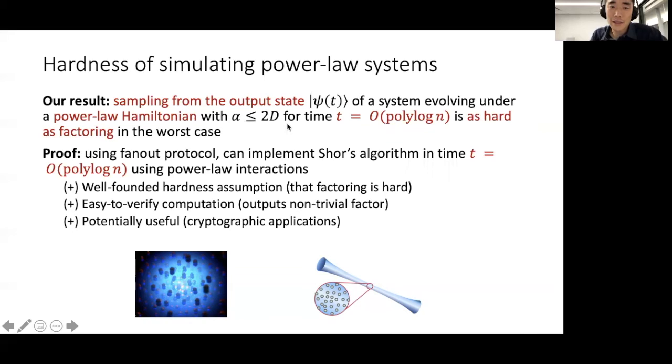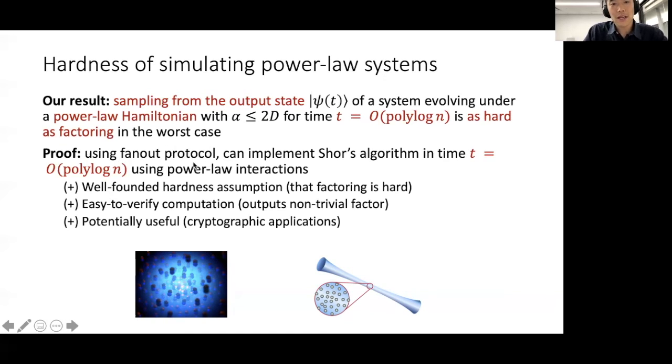And if the system evolves for time that is polylogarithmic in n, then it will be as hard as factoring to sample from in the worst case. This argument proceeds by a reduction to factoring using the fast fan-out protocol.